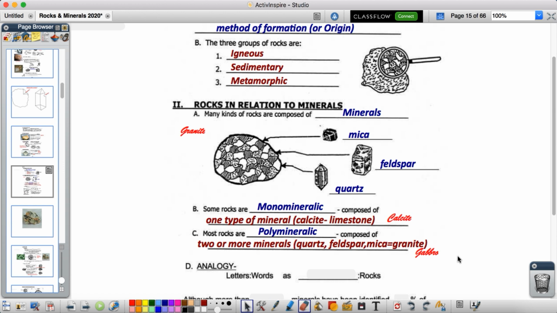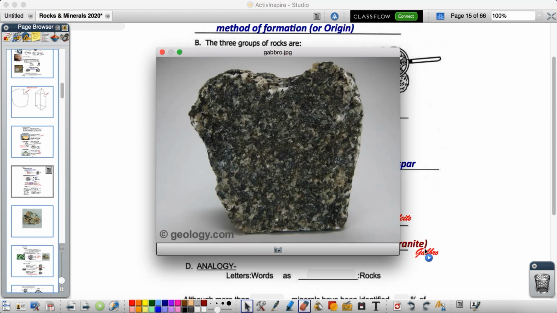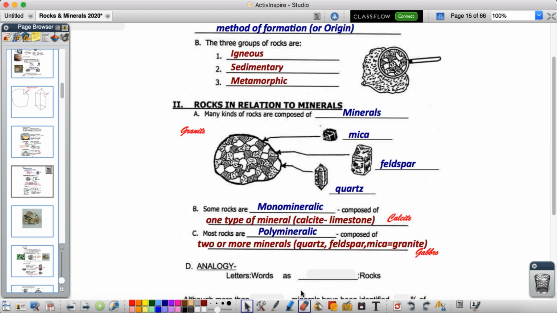I'll give you another example of that. Here's an igneous rock called gabbro. If you look at gabbro, see the light green olivines in here, and these dark green pyroxenes in here, and so there's definitely different minerals making up this particular rock. So it's a polymineralic rock.